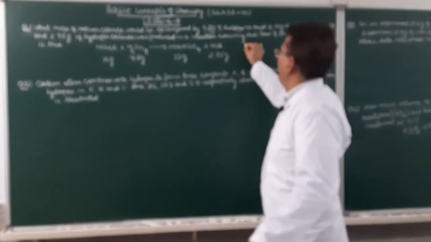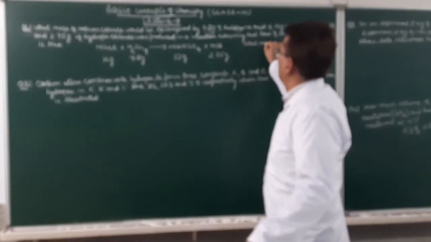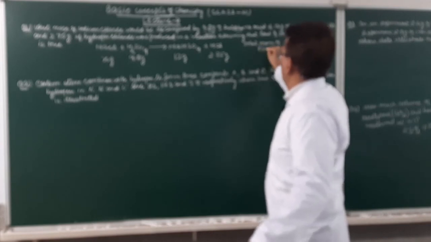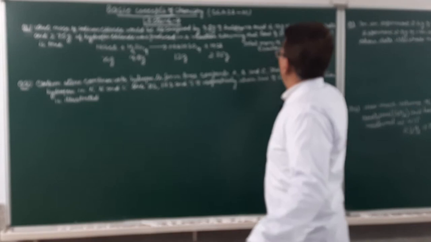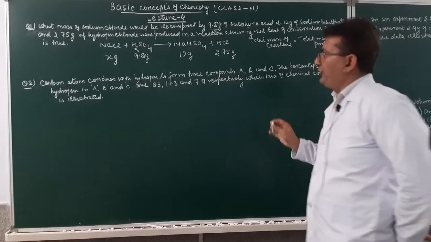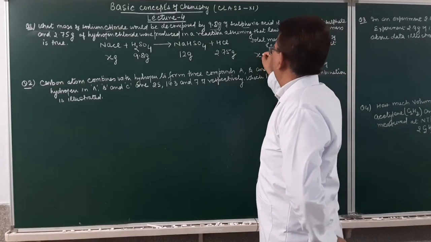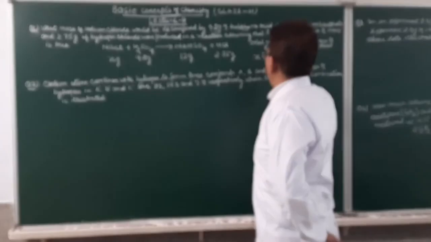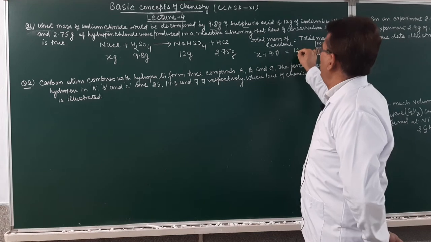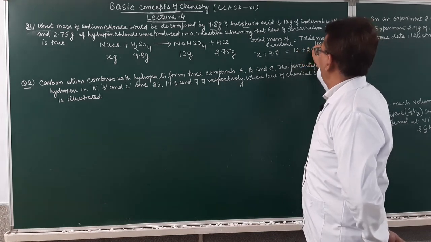The total mass of reactants will be equal to the total mass of products. This will be X plus 9.8 equal to 12 plus 2.75.